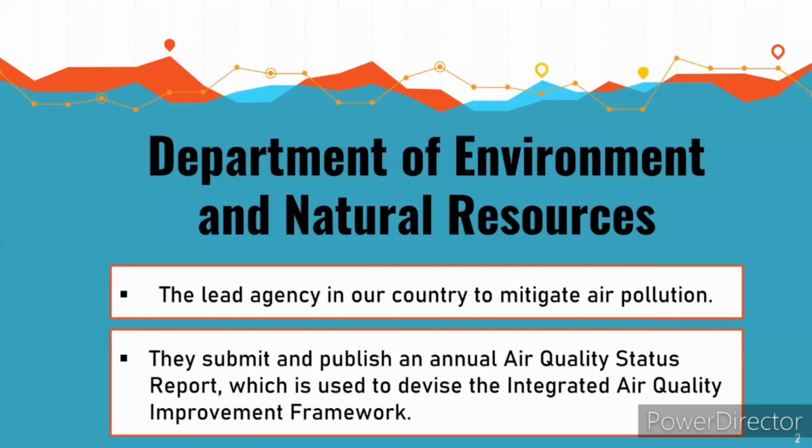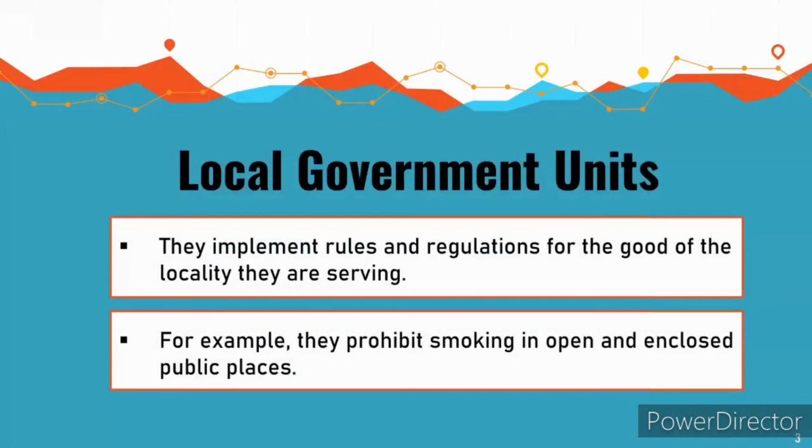They also submit and publish an annual air quality status report, which is used to devise the Integrated Air Quality Improvement Framework. What do we mean by this air quality improvement? It is the adopted official blueprint with which all the government agencies must comply to attain and maintain ambient air quality standards.